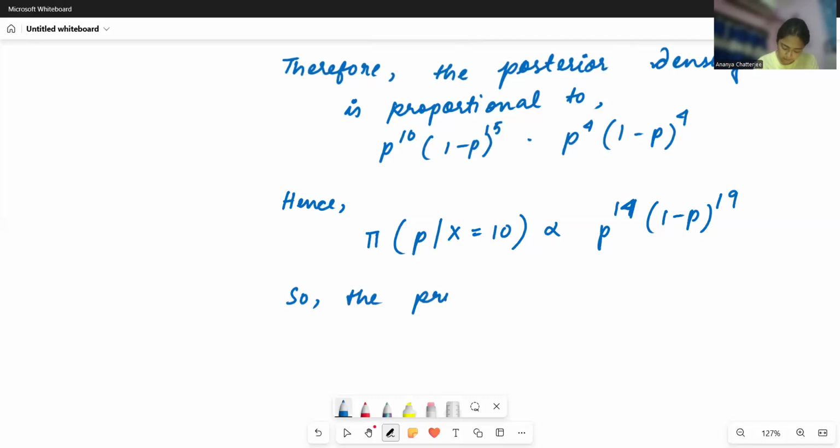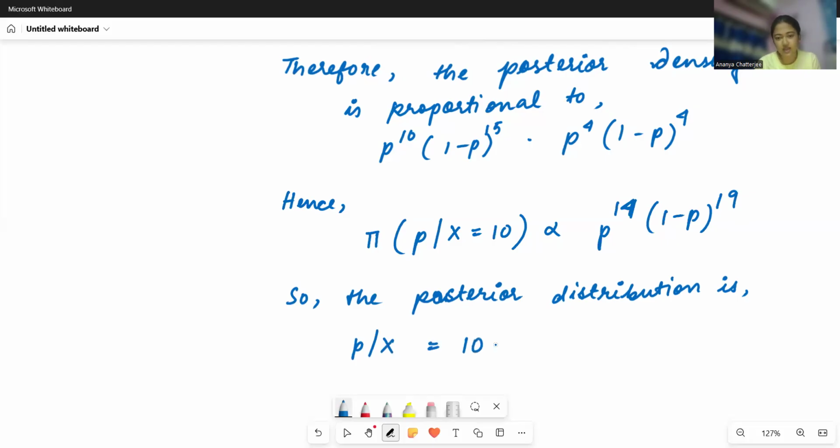So the posterior distribution here, that is, P given X is equal to 10, follows Beta(15, 20), right?